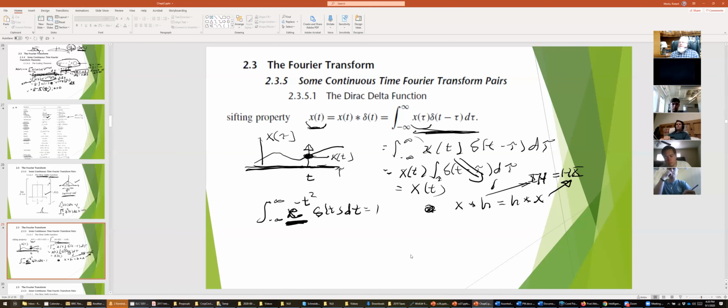So the sifting property of the Dirac delta function can also be written as, so that's not very much mileage, but it's kind of interesting, I suppose.